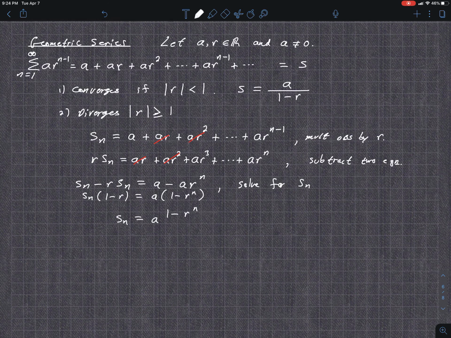So now then divide, and you get S sub n is equal to a times 1 minus r to the n over 1 minus r. So that's the sum of the first n terms of a geometric sequence. Often they put that in parentheses.